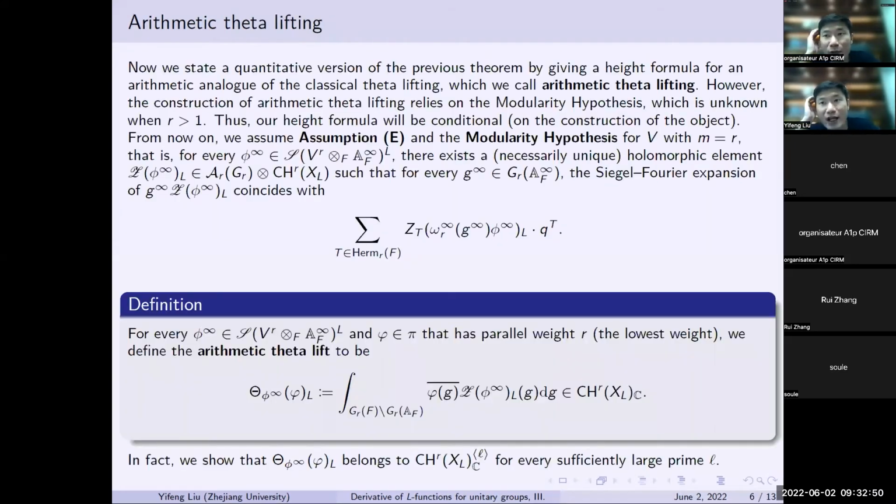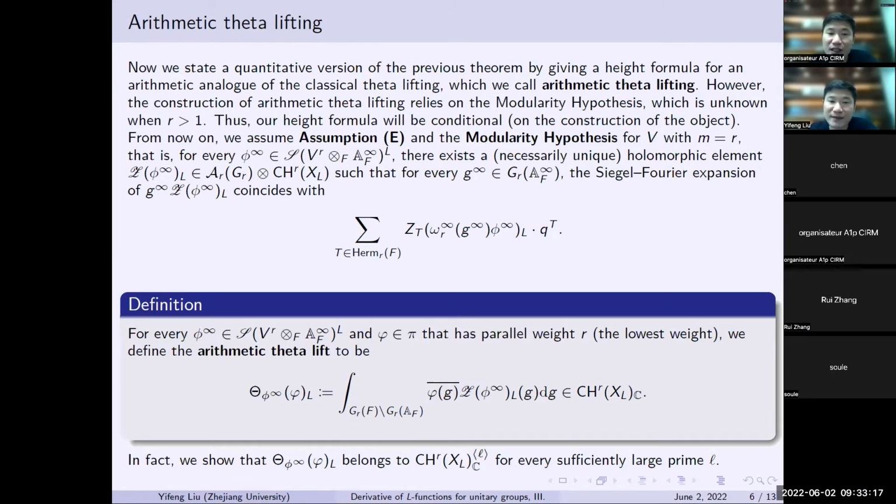Yesterday we had the global zeta lifting, and we immediately stated Rallis's theorem concerning the Petersson inner product of the global zeta lifting. Now we have the arithmetic zeta lifting, which happens to be an element here. So the natural analog of the Petersson inner product should be the Beilinson height pairing.